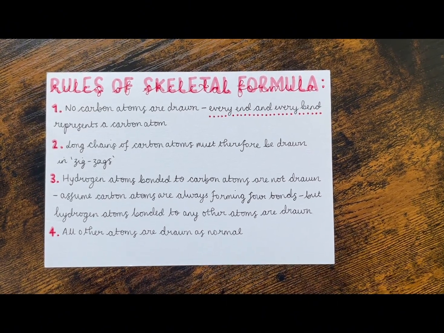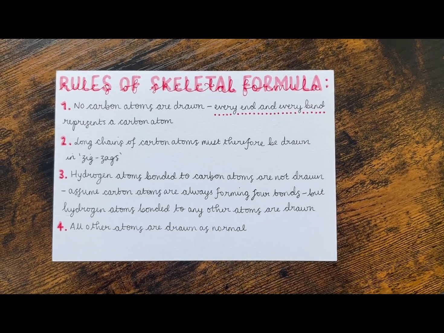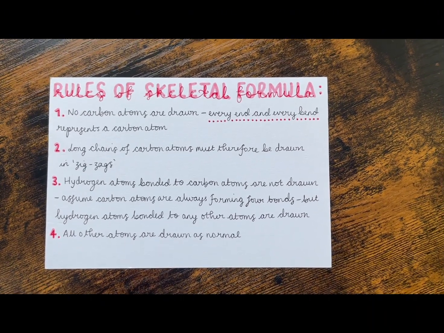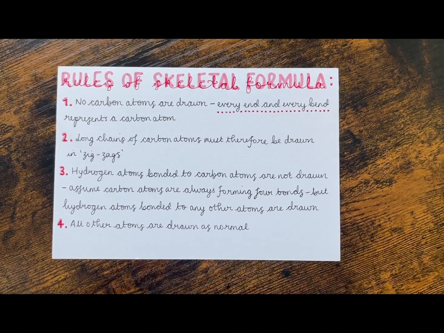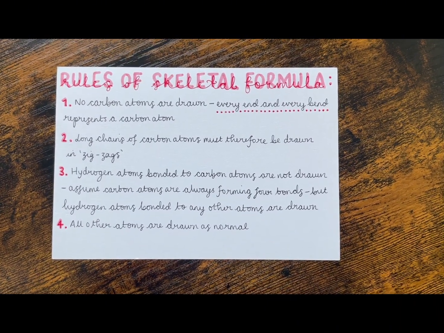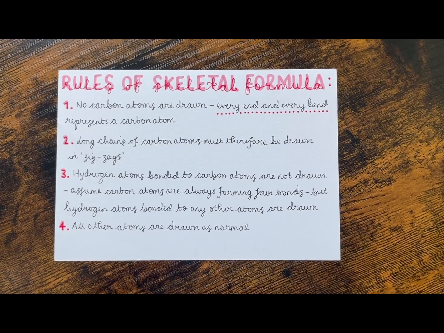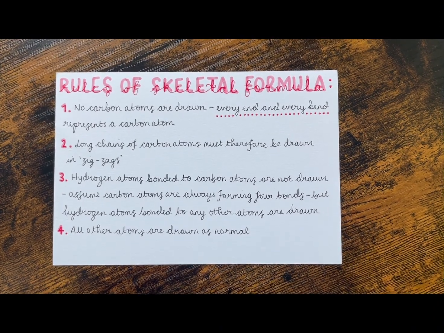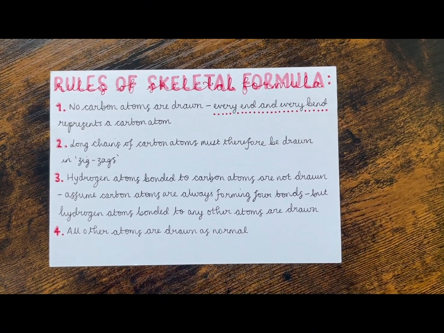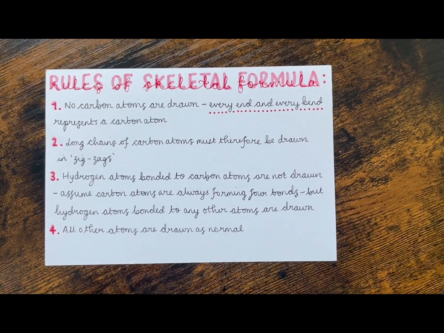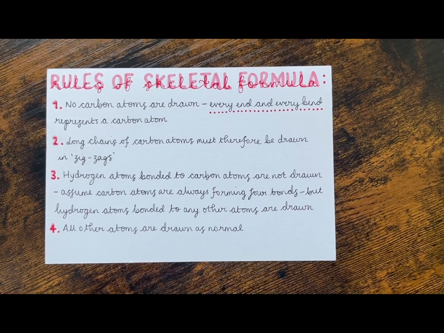The other thing we don't show on a skeletal formula is all of the hydrogens. So no hydrogens are drawn bonded to carbon atoms. The only time we would draw hydrogen atoms is if they are bonded to anything else, like an oxygen or a nitrogen or any other atom. But if you have hydrogen atoms bonded to carbon atoms, they are not drawn.